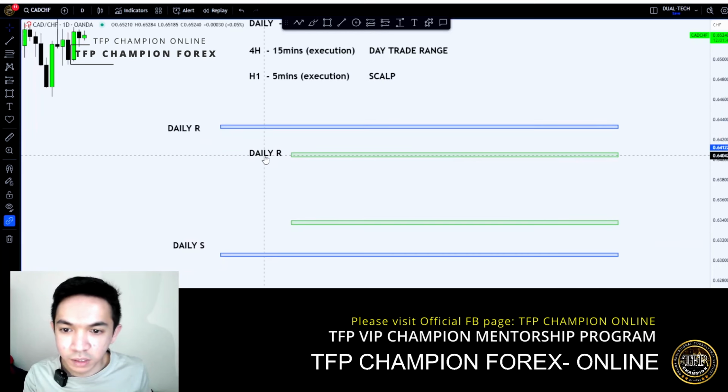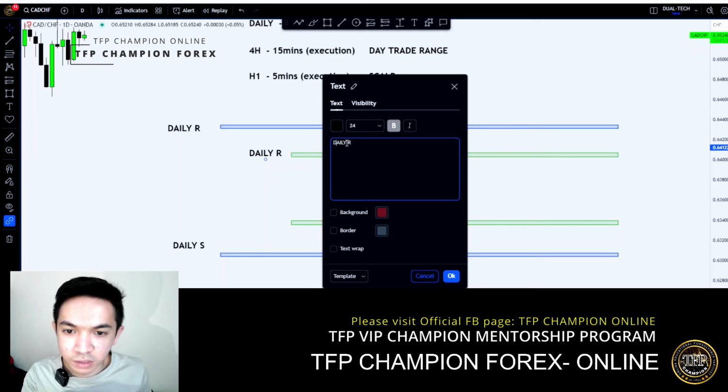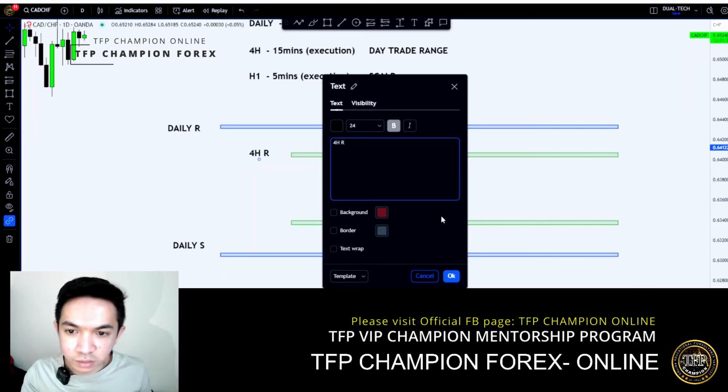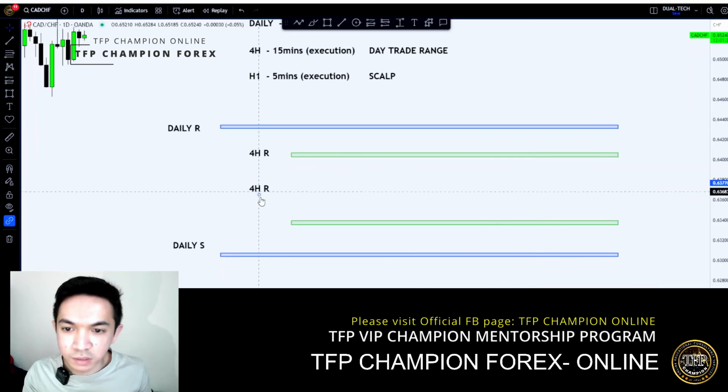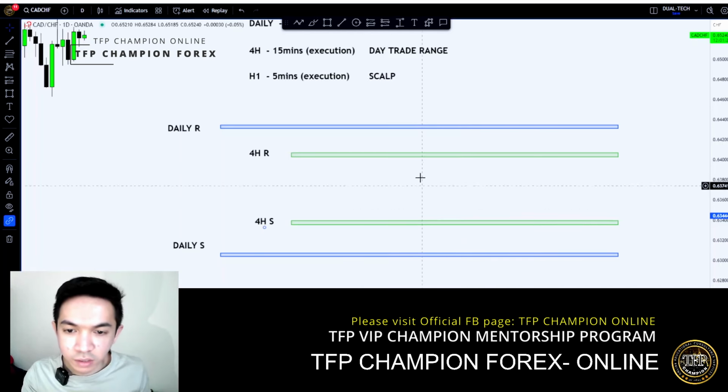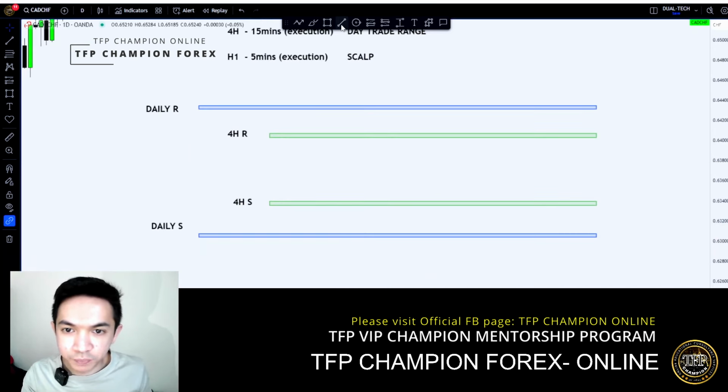So, this would be my 4-hour resistance, R for our resistance, and this is gonna be my support. Okay. And lastly, H1 to H1.